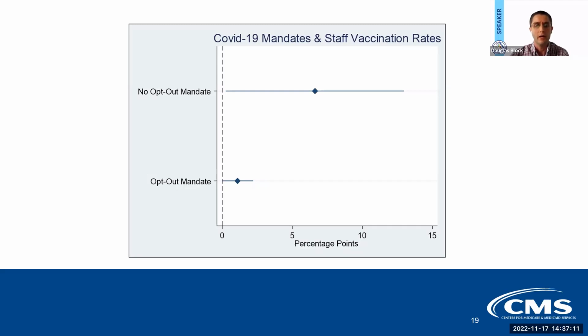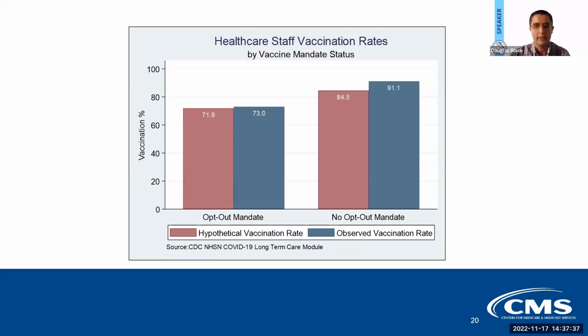So as you can see from here, both metrics are on the positive side and they don't cross the 0 axis. The opt-out mandate looks like it does, but it's actually just to the right of it. And so what that means is these mandates had a positive impact on staff vaccination rates. Now, you can also see that they look like they're at different points. And if we go to the next slide, we'll illustrate the difference between them.